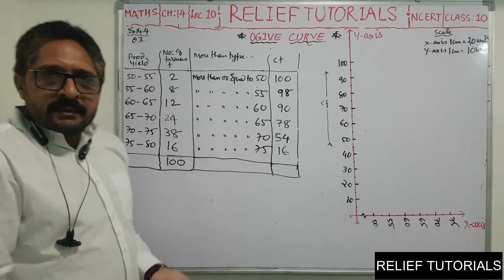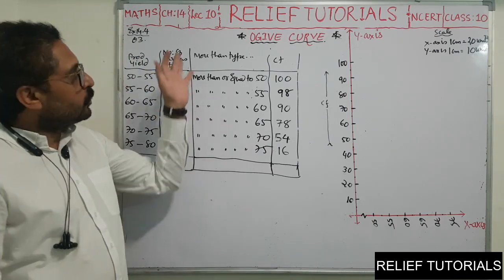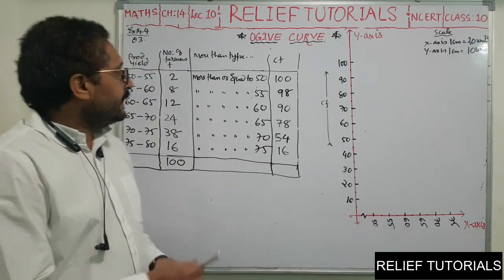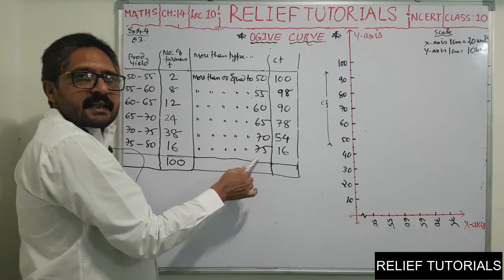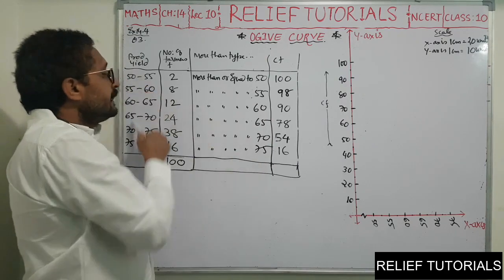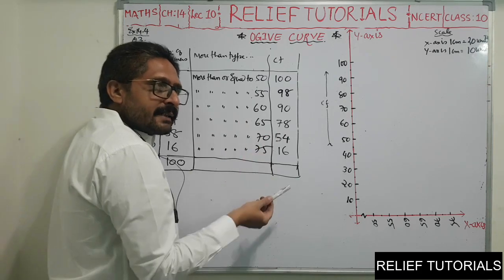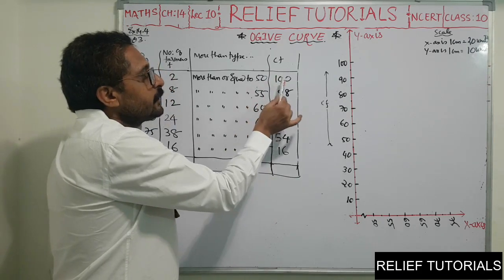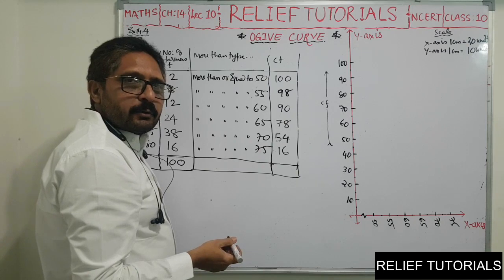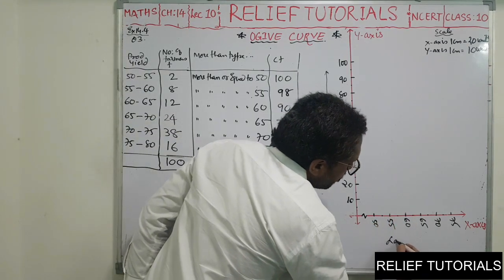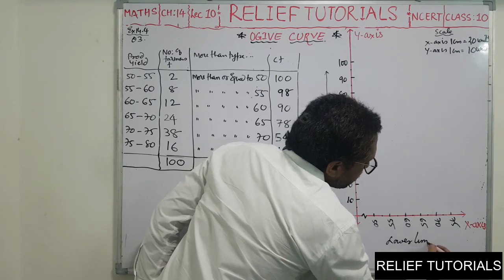Okay, now to represent this data as a more than type cumulative frequency curve, on the x-axis we will take these. What are these? They are nothing but the lower limits. So on the x-axis we will take the lower limits, and on the y-axis we will take their corresponding cumulative frequencies with an appropriate scale.